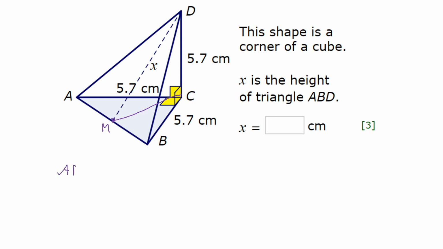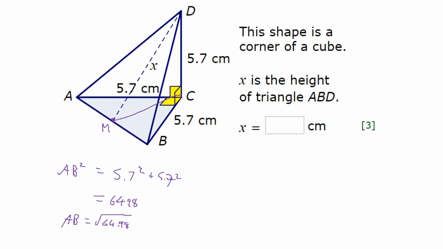So AB squared is just going to be equal to 5.7 squared plus 5.7 squared, which is just going to be equal to 64.98. And so therefore we know that AB is going to be the square root of 64.98.